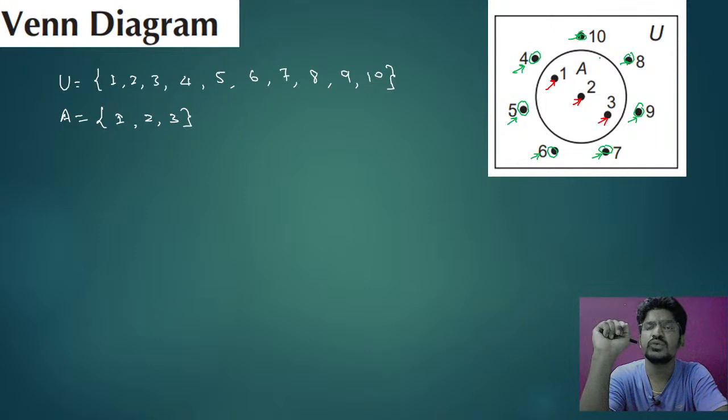So from this you can understand this is the diagrammatical representation of set A as well as set U.